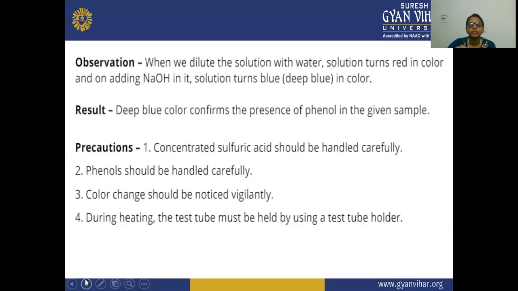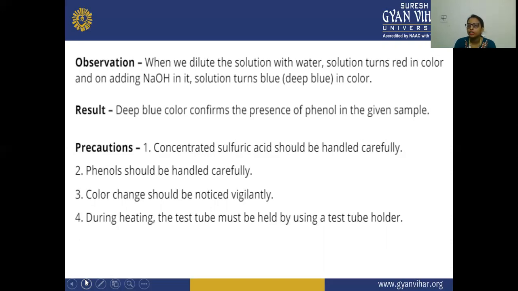Next, in this, we will observe that when we dilute the solution with water, the solution turns red in color. And on adding sodium hydroxide to it, the solution turns deep blue. So here, the result: the deep blue color confirms the presence of phenol in the given sample.